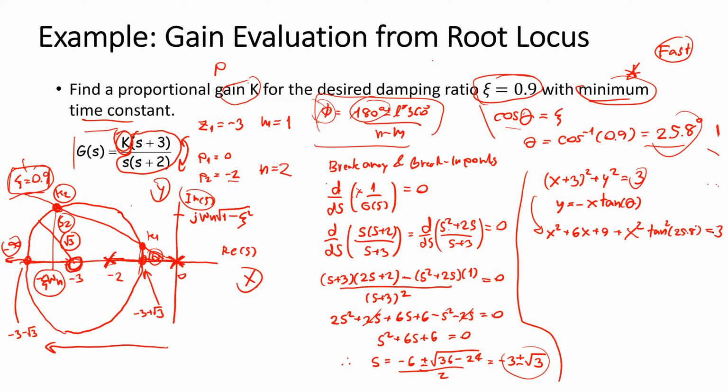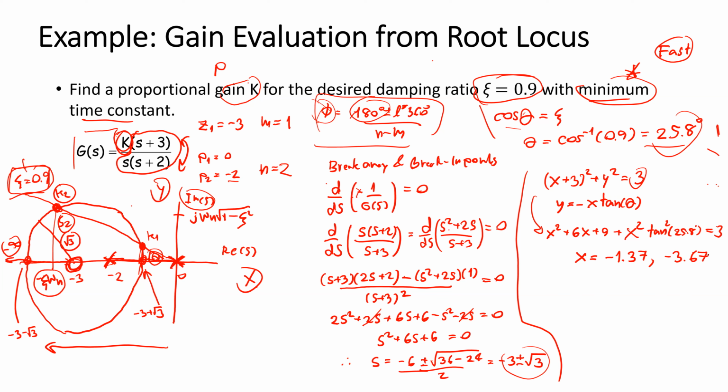When I solved this equation, I found that x equal to minus 1.37 and another value is minus 3.67.